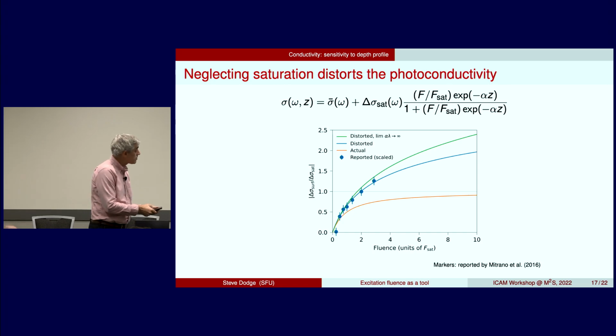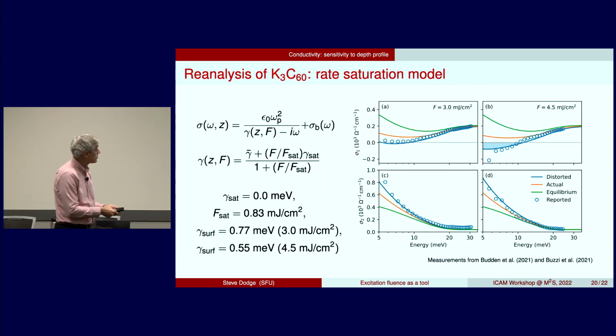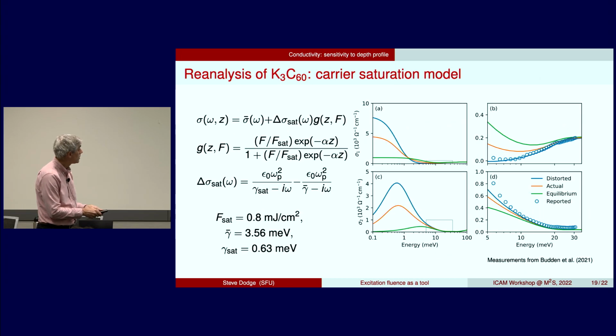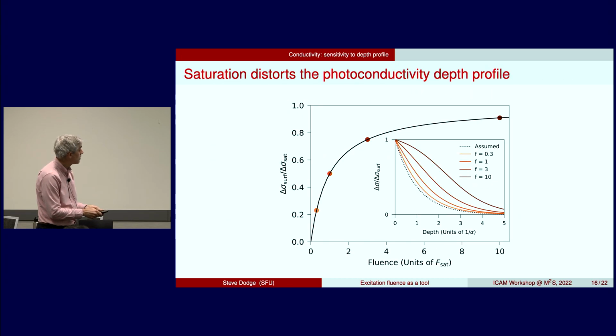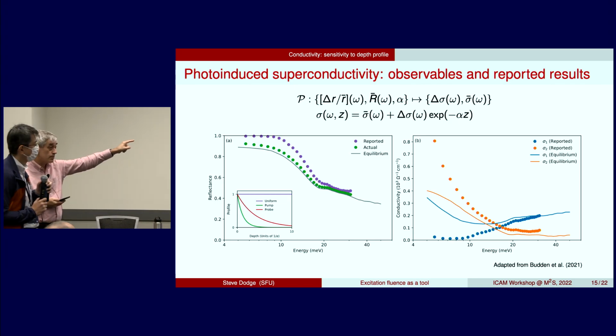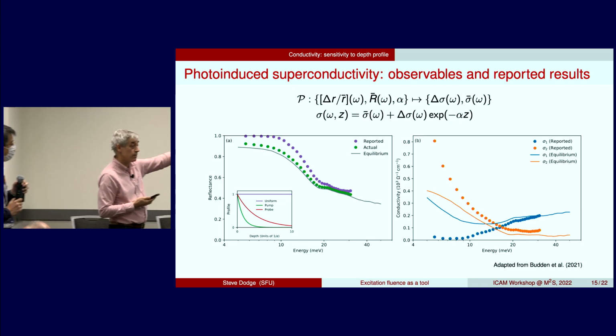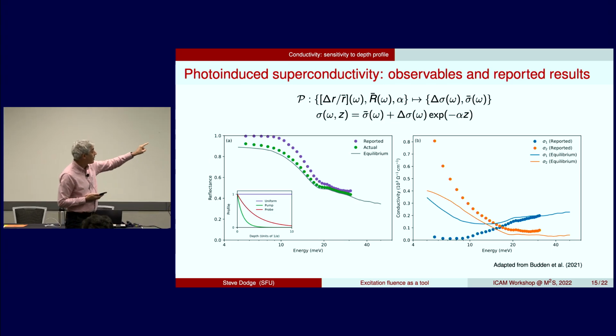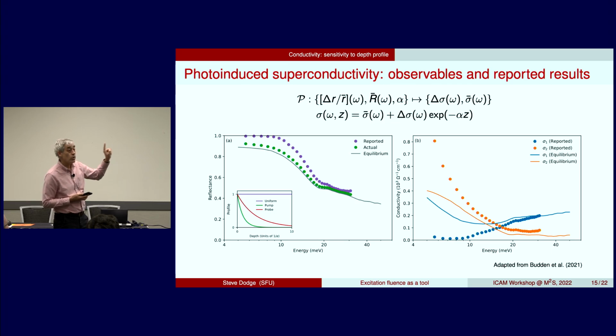Then let's go back to this. You agree that this is the expression that you're using to determine the surface photoconductivity. That's the functional form that you fit to. What is alpha? Is that field alpha or fluence alpha?